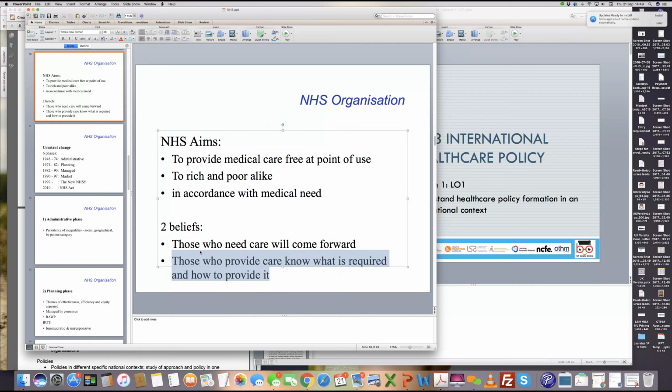Now, what is the NHS Constitution? The NHS basic constitution consists of 2 things. The NHS serves those who need care, primarily any sort of care, medical care, clinical care, whatever it is. And it also provides support to people when they need it and how they need it. So it is at your home, at the hospital, at the surgery, at the place of your work, to provide holistic care.